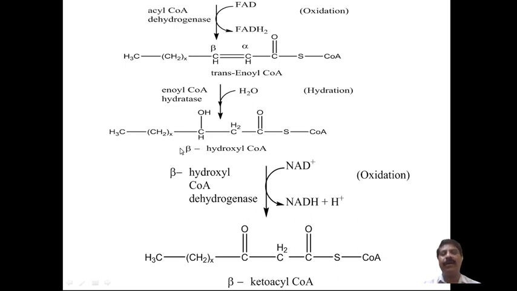Therefore, we get beta hydroxy fatty acyl coenzyme A. This compound further undergoes conversion of the alcohol group back into a keto group, or acyl group, by beta hydroxyacyl coenzyme A dehydrogenase using NAD plus, nicotinamide adenine dinucleotide in oxidized form. This will be converted into a reduced form with liberation of hydrogen.